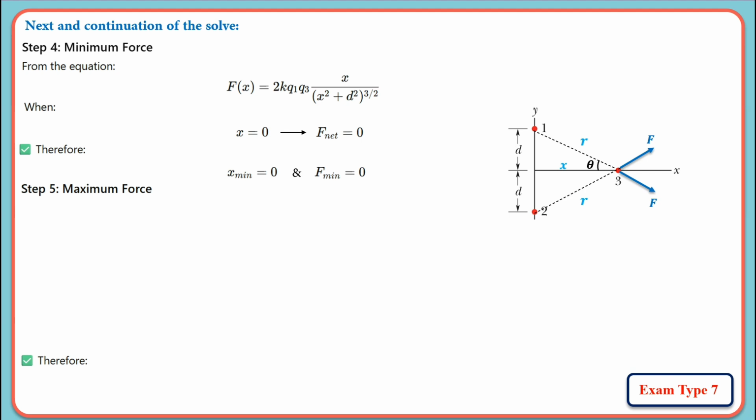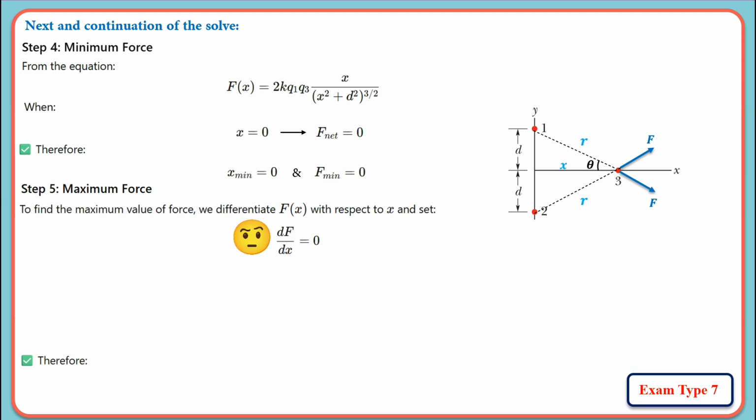Step 5. Now let's find the maximum force carefully. We take the derivative of the force equation with respect to x, then set it equal to 0. This is the standard method for finding maximum or minimum values in calculus.